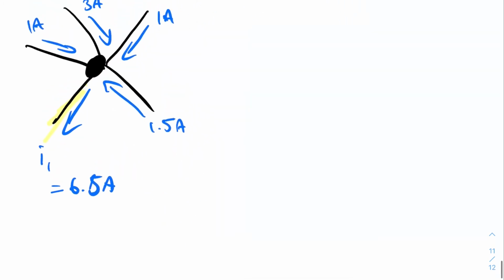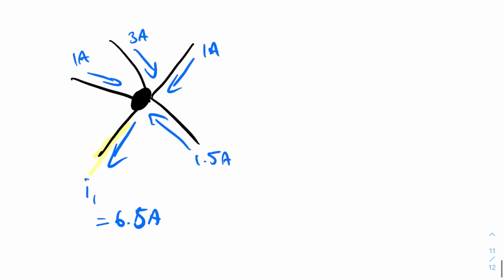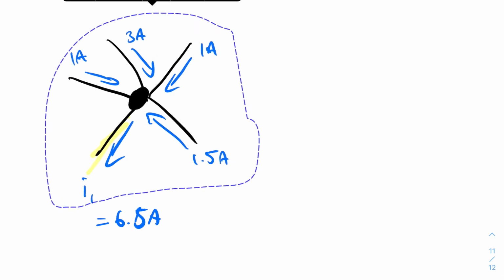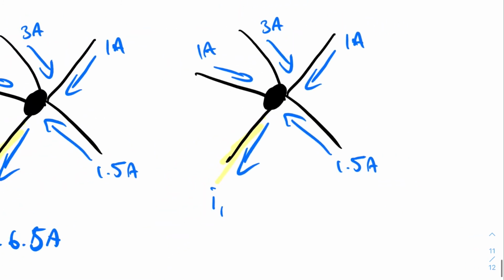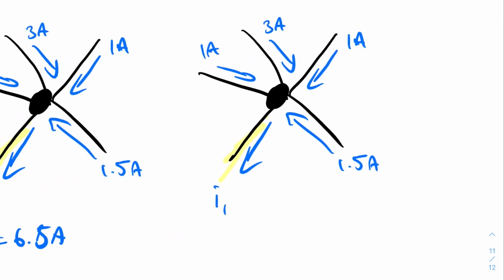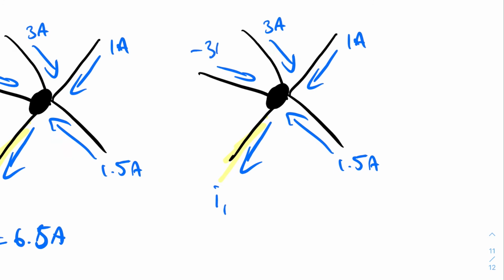Where you might get possibly confused is when you start to see minuses, right? So let's duplicate all of this. What happens if we've got minus 3 amps going into here? What's the value of I1? This might throw you off a bit, but think about it.